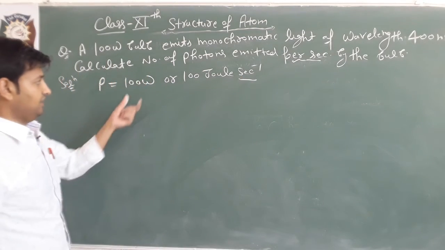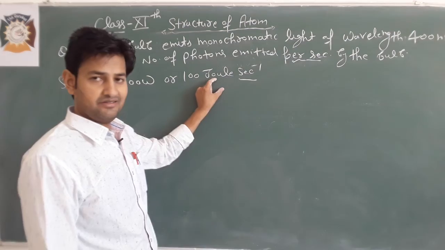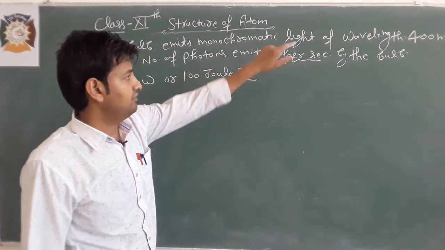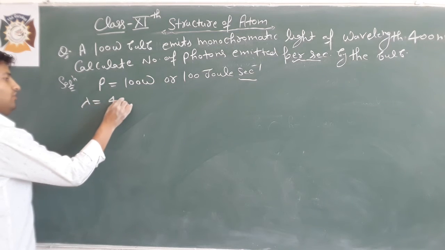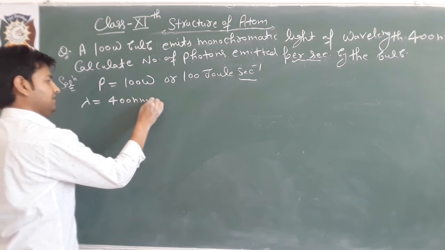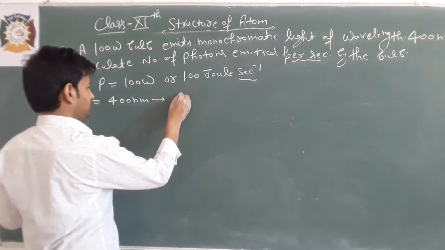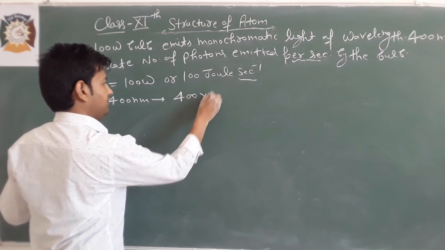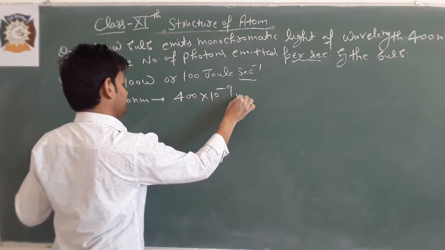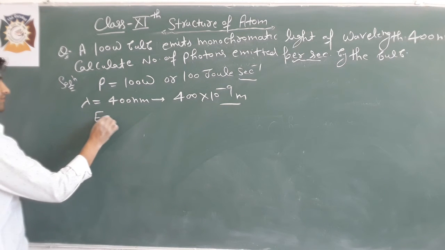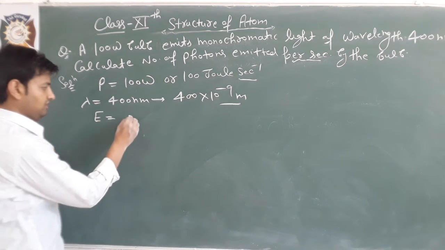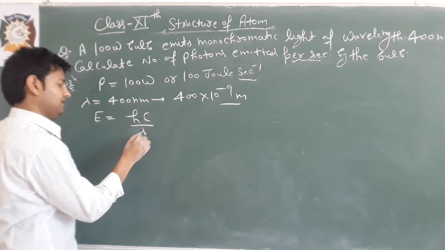So we can calculate the energy in joules of one photon. The given wavelength is 400 nanometer, which can be converted into meters: 400 times 10 to the power minus 9 meter. Then energy of one photon is equal to hc over lambda.